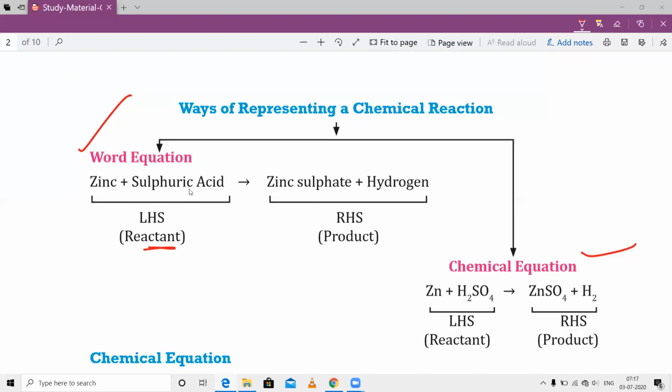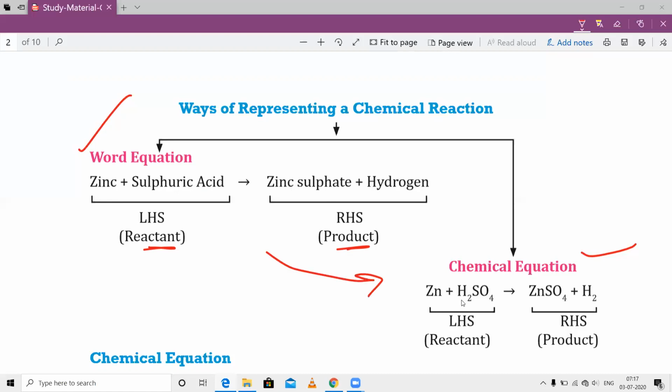Zinc with sulfuric acid forms zinc sulfate and evolution of hydrogen gas. So zinc sulfate plus hydrogen gas is found in the product. This is our product. This is one type of equation, a word equation, and the same equation can be represented in this other way also.